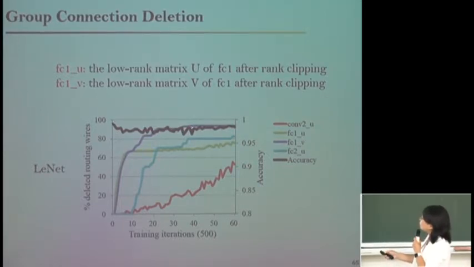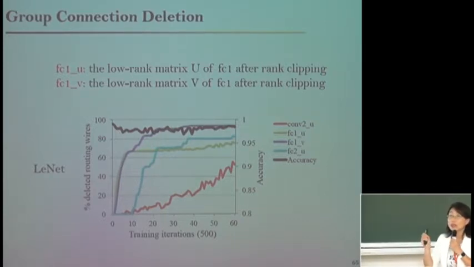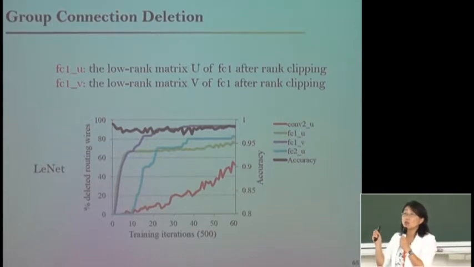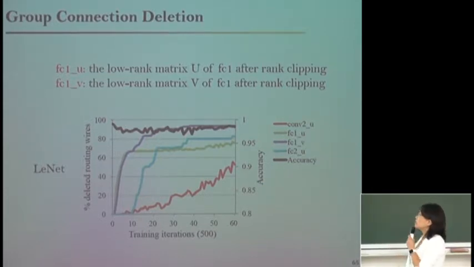Again, the dark black curve shows the accuracy fluctuating but still remaining high. For the fully connected layers, the green and purple ones, as you can see, since fully connected layers can be really sparse, we get more chance to remove unnecessary columns and rows, and then we get more chance to cut off the routings.